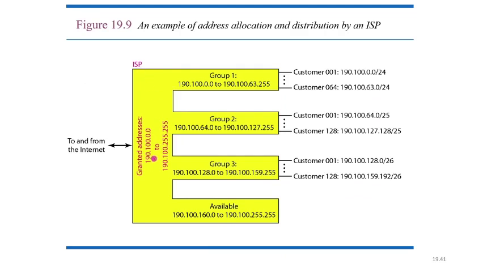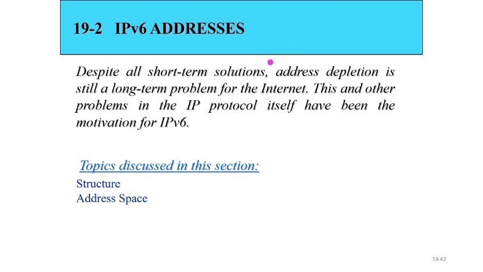For the ISP, the address range was 190.100.0.0, where 16 bits were changing, starting from 0 up to 255.255. In this range only we have to allocate. So this was group 1, group 2, group 3, and these are the available addresses. This is how address allocation can be done by ISPs.